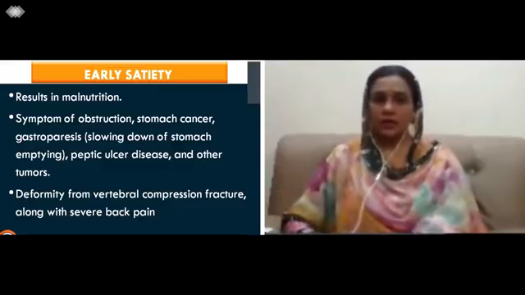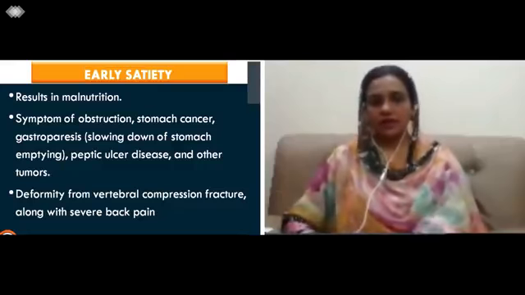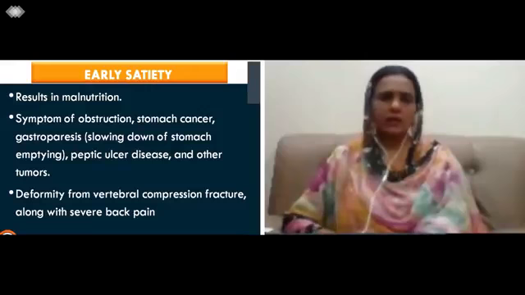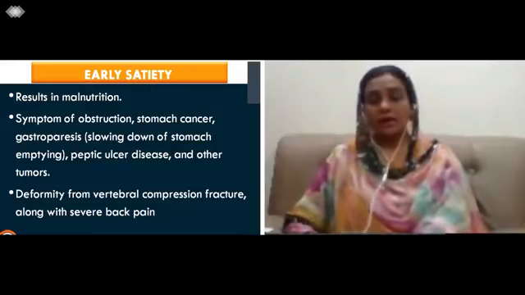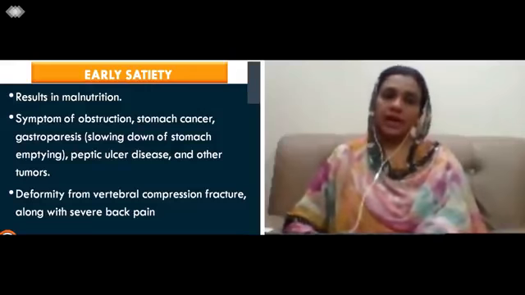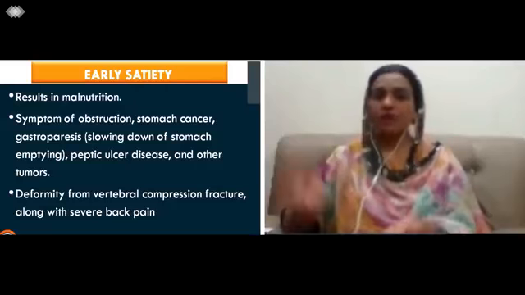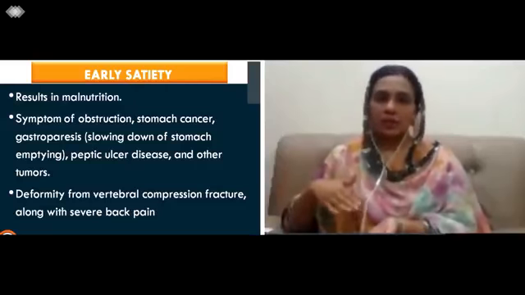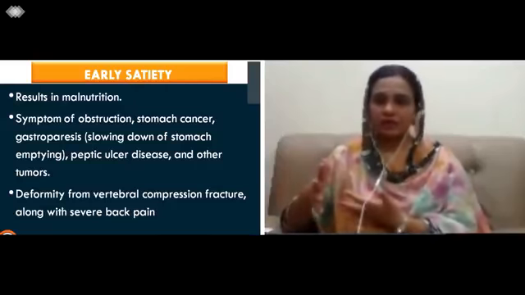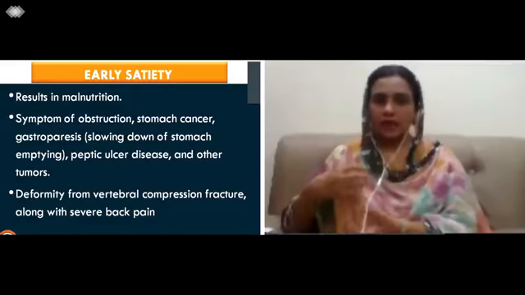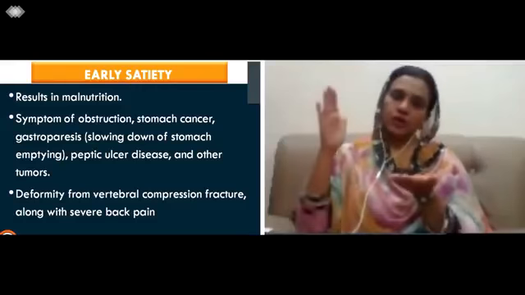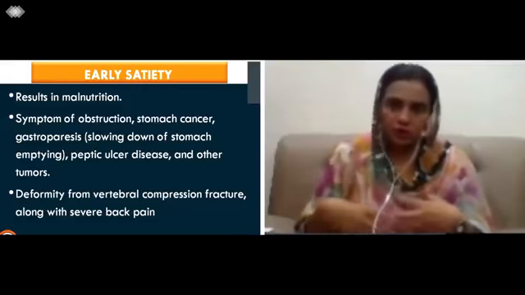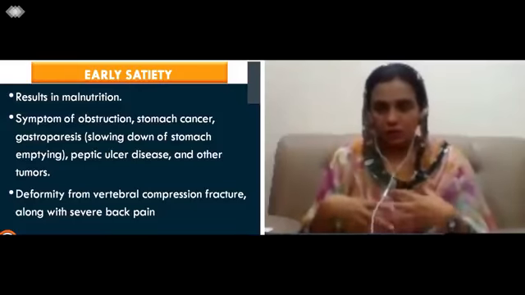Early satiety can also be a complaint in peptic ulcer and in many other tumors. A musculoskeletal problem that can lead to early satiety is a deformity from vertebral compression fracture, like gibbous formation and a kyphotic curve. If there is kyphosis, it puts pressure on your stomach.